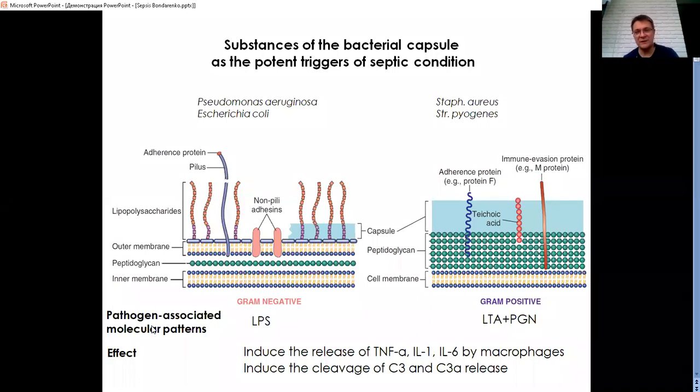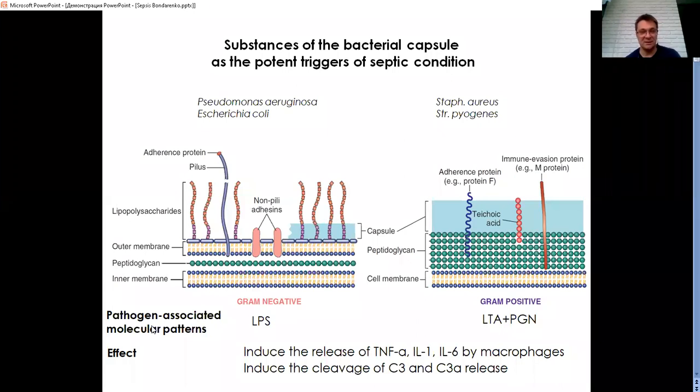And here you may see the two major groups of bacteria, which we traditionally classify by their ability to stain: gram-negative and gram-positive bacteria. As you may know, gram-negative and gram-positive bacteria demonstrate different features of bacterial wall structure.